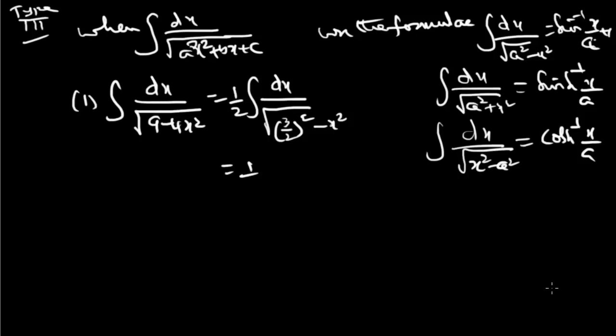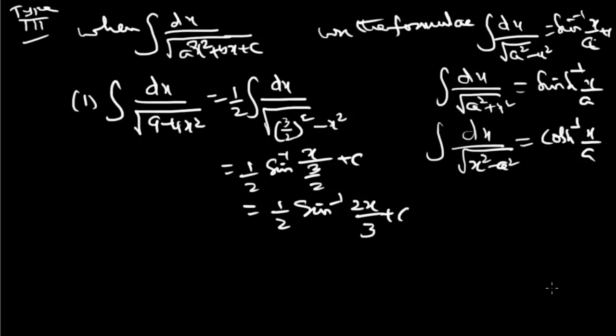That is nothing but 1 by 2, a squared minus x squared, sine inverse x by 3 by 2 plus c. Or that can be written as 1 by 2 sine inverse 2x by 3 plus c.